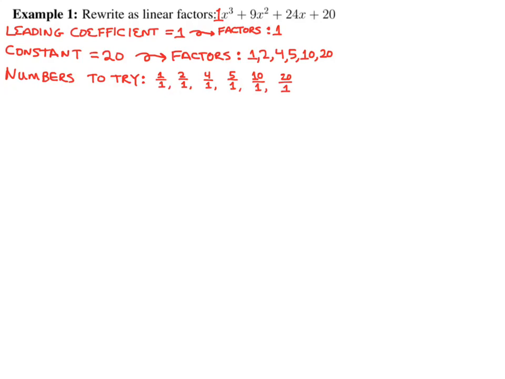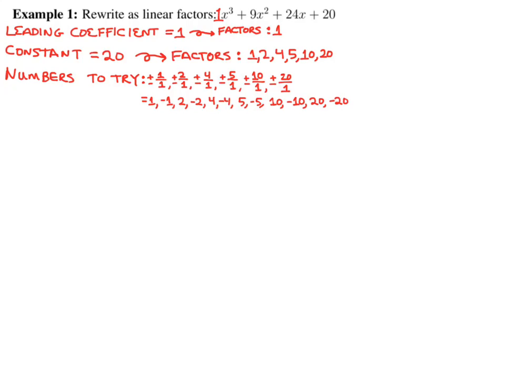So it's 1 over 1, 2 over 1, 4 over 1, 5 over 1, 10 over 1, and 20 over 1. Almost. Actually, you get to do all the plus and minus versions of all of them. So the real list is 1 and -1 and 2 and -2 and 4 and -4 and 5 and -5 and 10 and -10 and 20 and -20.